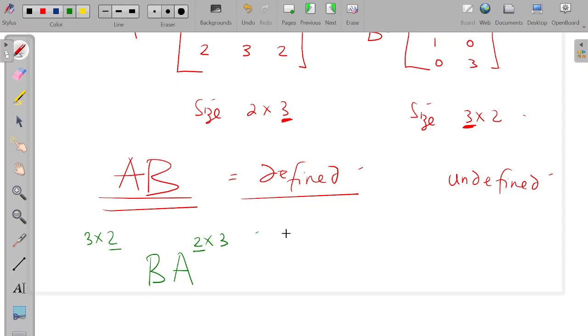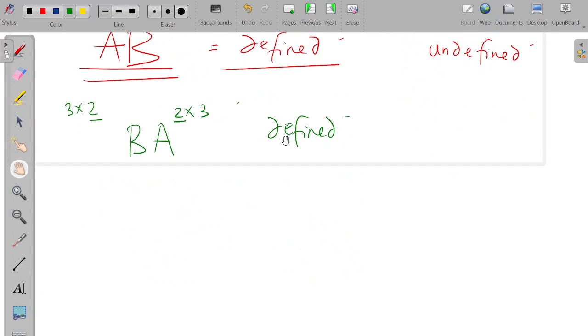Yes, it is defined because the number of columns of B is the same as the number of rows of A. Sometimes they may not be defined. So we are lucky to get this one to be defined on both sides.